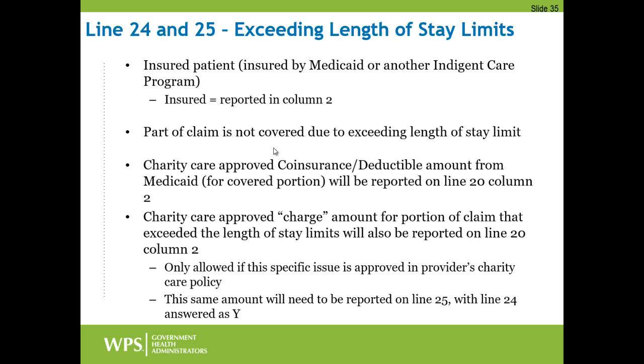The charity care portion for the deductible coinsurance amount, that's certainly going to be in line 20, column 2, as just coinsurance and deductible. But the amount outside of that length of stay limit, there is no deductible coinsurance for that. It's just a charge amount. So that's the portion that's going to be also reported in line 20, column 2, but it has to be separately reported as well in line 25 so that the system knows how much to calculate.